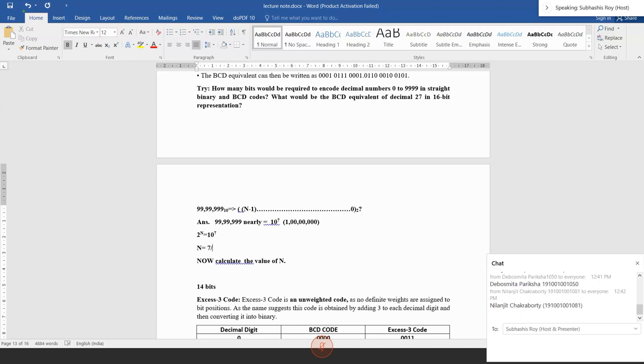So basically you are getting 7 divided by log of 2. What is the value of log 2? 0.3, something like that.